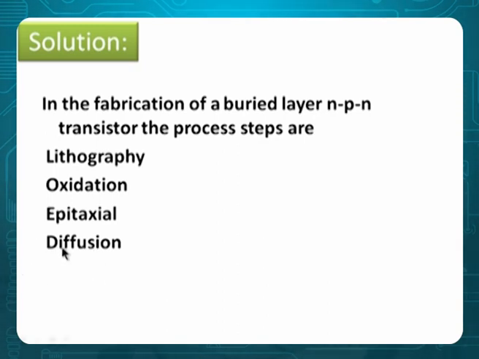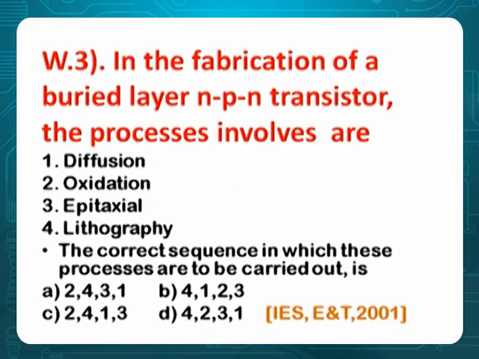So if you see the numbers, that is the sequence, and the option is D. Arrange the numbers according to this sequence. The sequence they gave was diffusion first, but the sequence is 4, 2, 3, 1. That is it. 4 means lithography, then oxidation, then epitaxial, lastly diffusion.